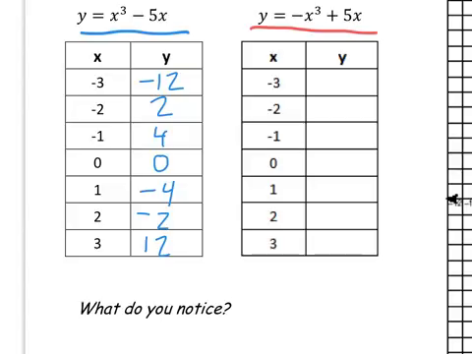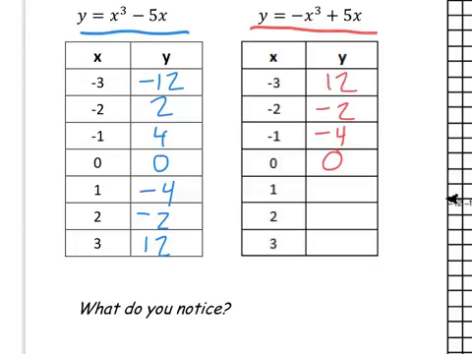Now let's do the same with the red. Starting with 0, we will also get 0. Now if we plug in negative 1, we get negative 4. If we plug in negative 2, we get negative 2. And if we plug in negative 3, we get positive 12.